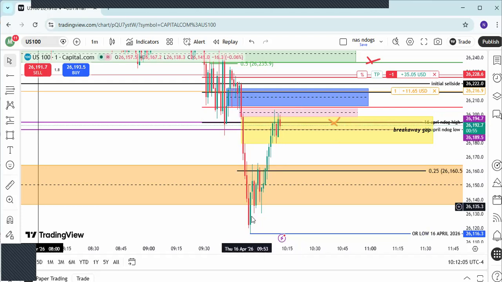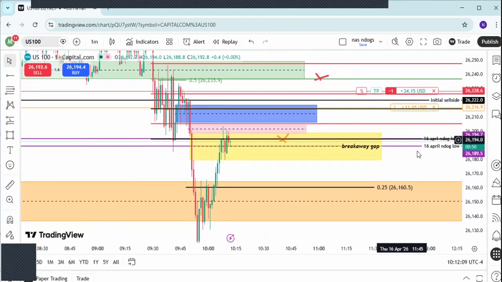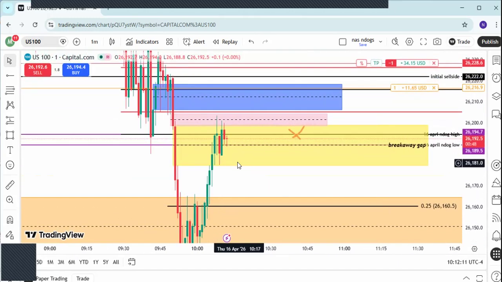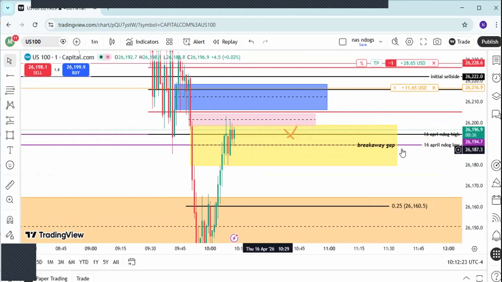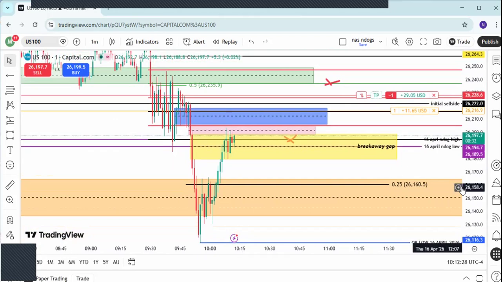Not a lunch macro, but a macro, right? Okay, so currently our attention is right here. So far, it's telling us this is being respected and nobody's up there. So that's nice. Still telling us that the narrative might still be bearish, only to buy.